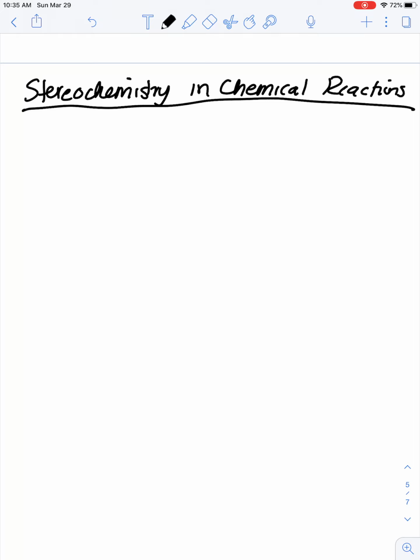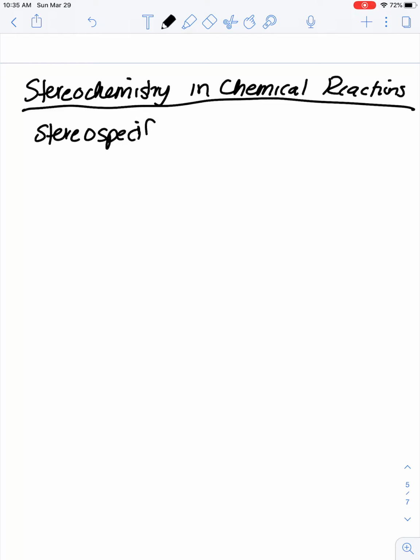The study of forming chiral compounds is referred to as asymmetric synthesis, which makes sense, right? If it has a stereocenter, it's typically a chiral molecule, which we would say has an asymmetric carbon atom.